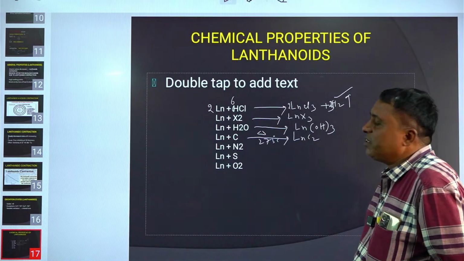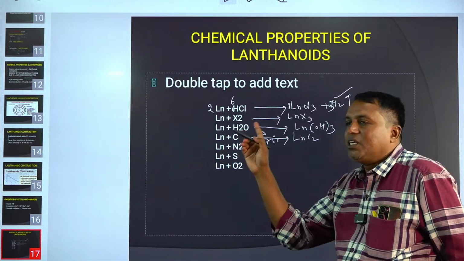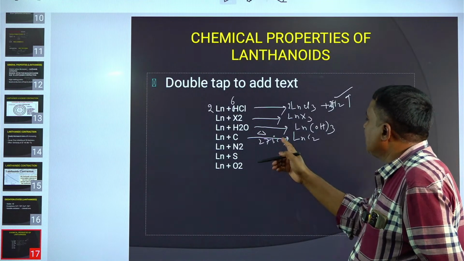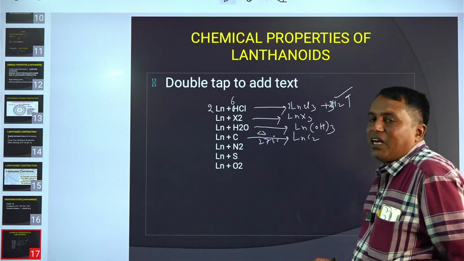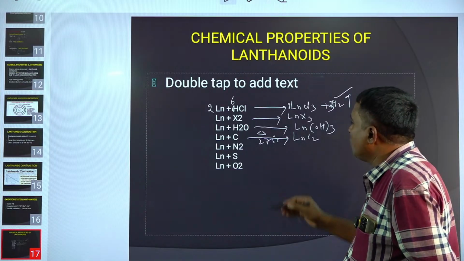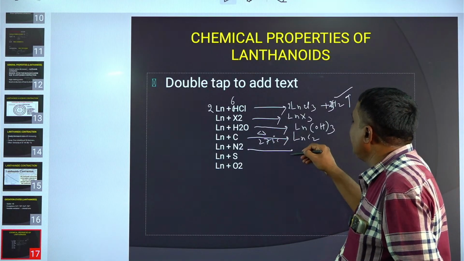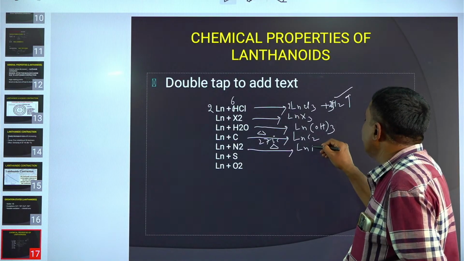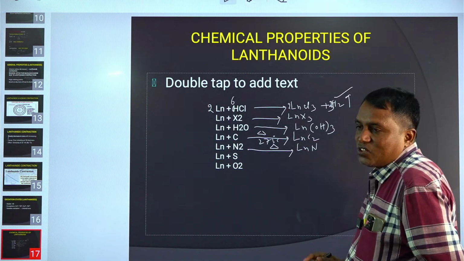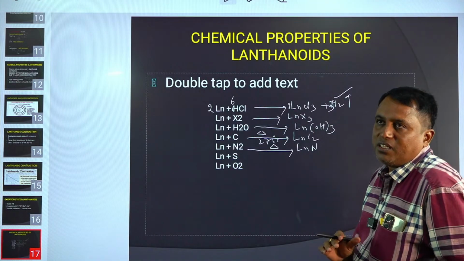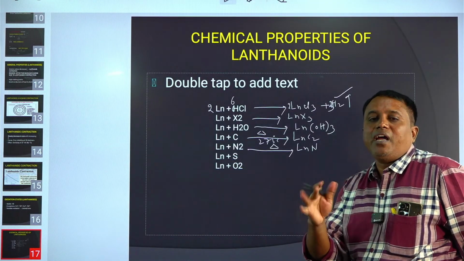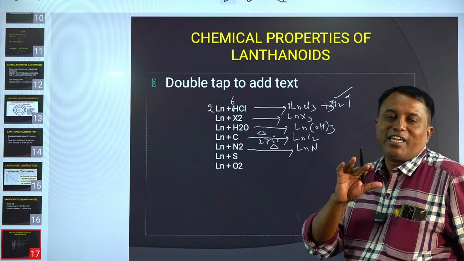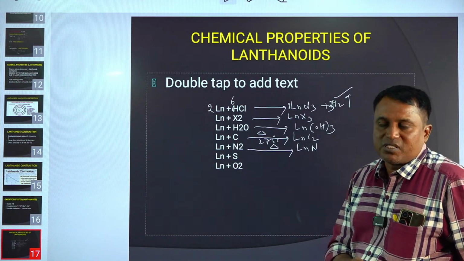So at 273 degrees Celsius, lanthanum elements react with carbon and you get the compound LnC2. When reacting with nitrogen upon heating, you will get the lanthanum nitrides, LnN. It seems to be like AlN, because Ln plus 3 is the most stable common oxidation state.